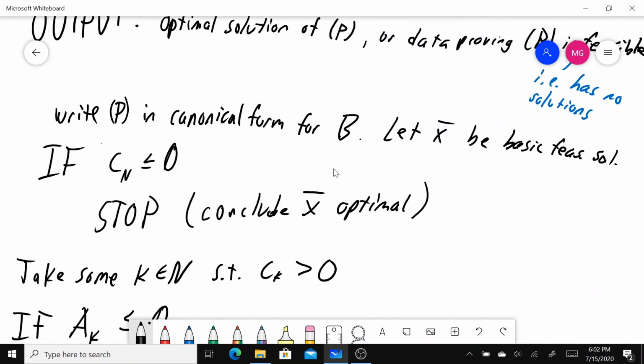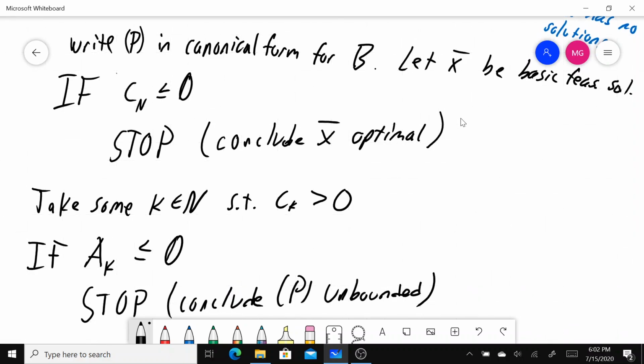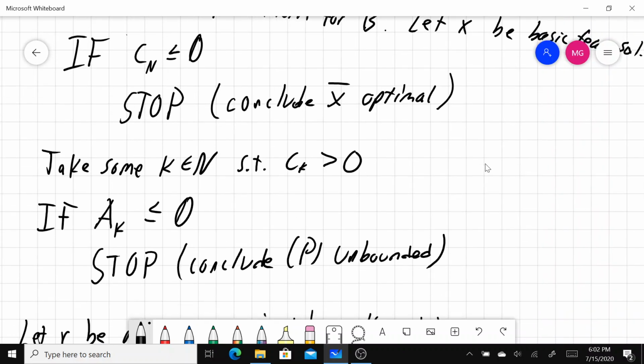Anyways, that's the output. So how do you get that output? Well, you write P in canonical form for this basis B, and let x bar be the corresponding basic feasible solution, because we have a feasible basis B. If we're in that first corner case where all the C_N are less than or equal to 0, we can stop and conclude that x bar is optimal for reasons that we addressed above.